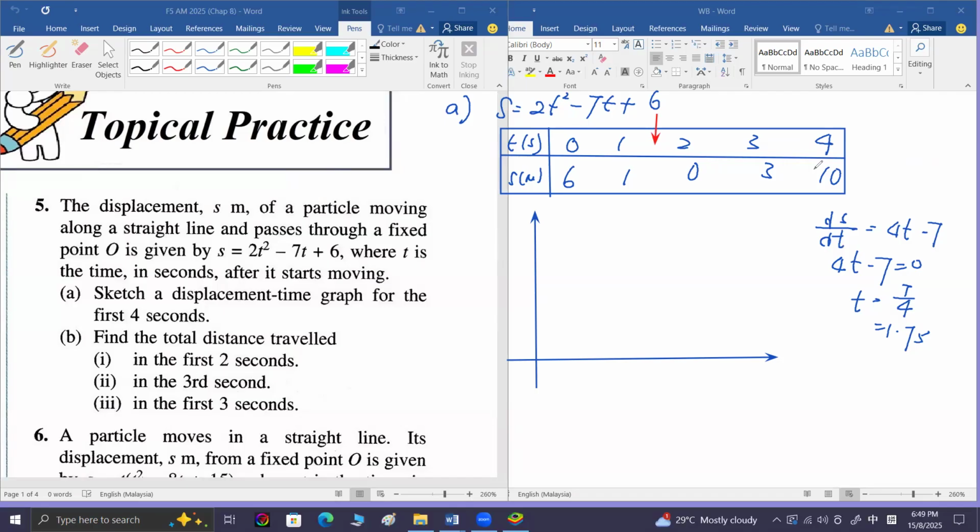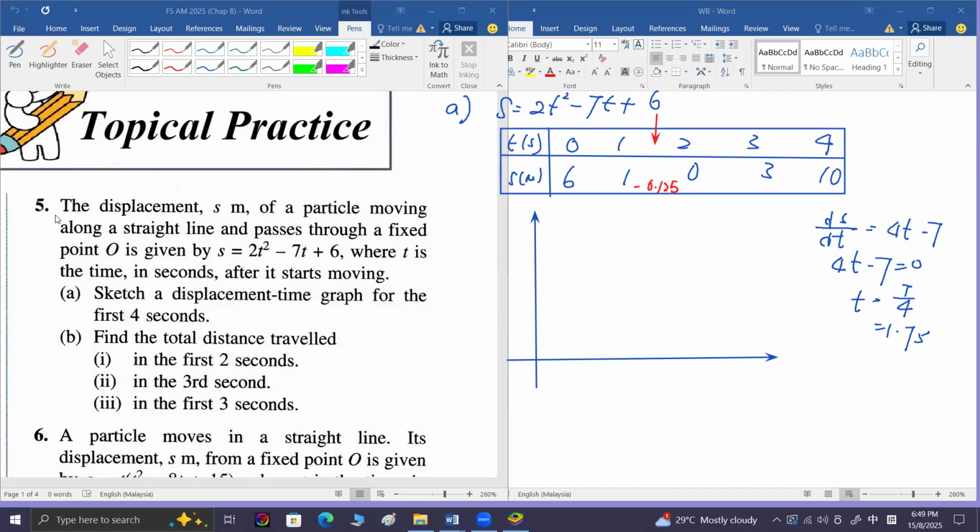Then I check, and I get negative 0.125. Here, negative 0.125. So the curve goes down, okay?